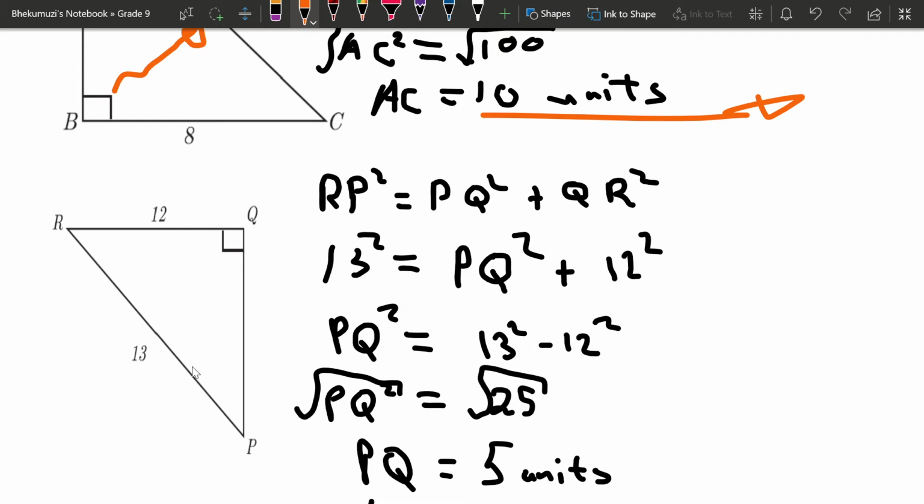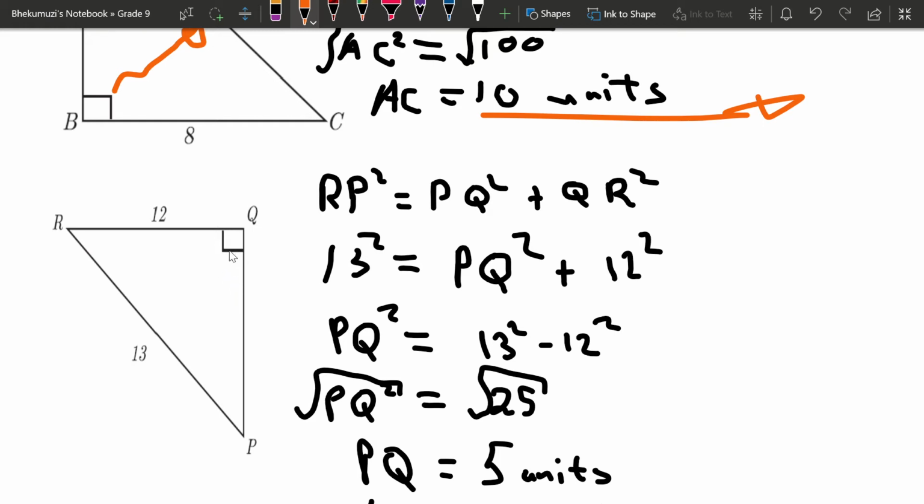QRP. Now you see why it's quite important for you to be able to identify the hypotenuse correctly. It's because they will give you cases where the right angle triangle will be placed in such a way that it won't be easy to immediately see what the hypotenuse is. So you need a guiding principle, and the guiding principle is that it is always opposite to the right angle.